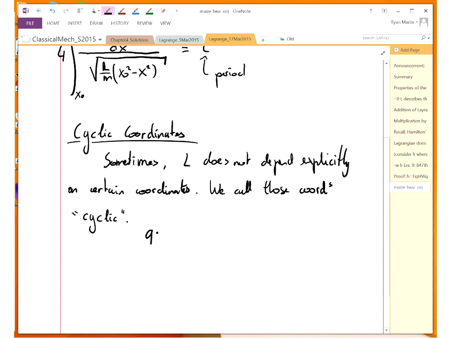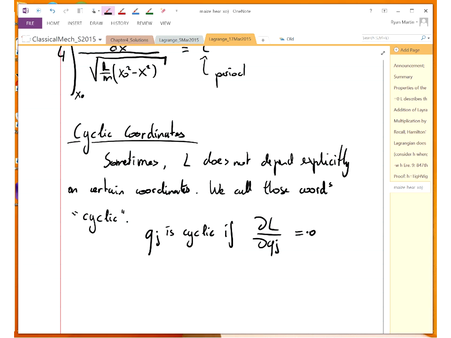So what we mean is Qj is cyclic if ∂L/∂Qj equals 0. That's the definition. So L depends presumably on the Qj dots through the kinetic energy, but it may not depend on the Qj.